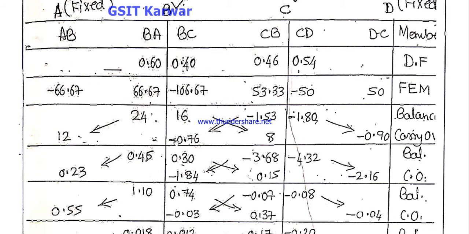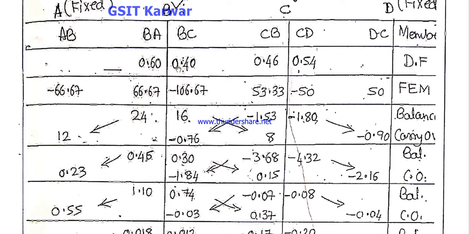Here on the span BC, minus 0.76 is there, so if you are adding 0 and minus 0.76, you are getting minus 0.76. But the rule is you can change the sign. That means here you are getting 0.76.